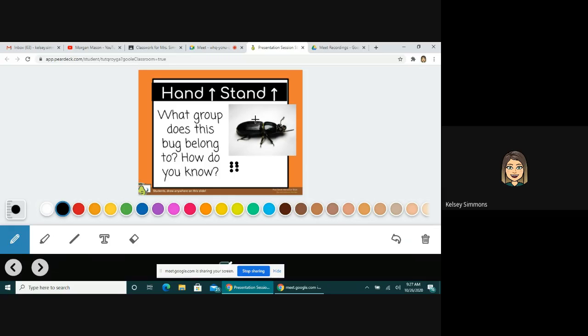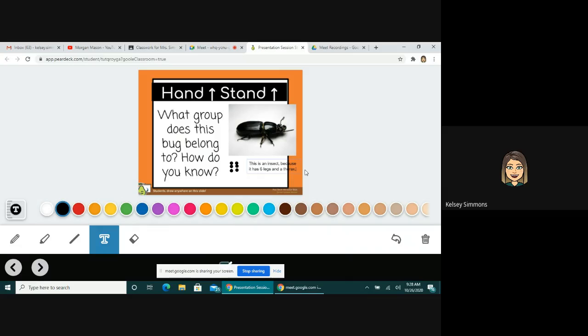Well, spiders don't have a thorax, and a spider is an arachnid. So if this has a thorax, this must be an insect. So I'm going to type, this is an insect, because it has 6 legs and a thorax.